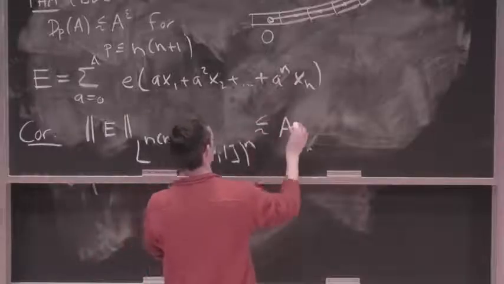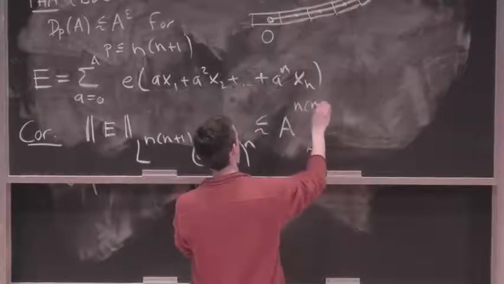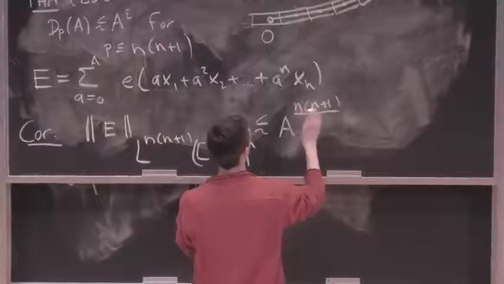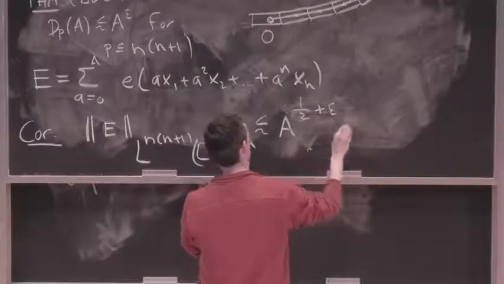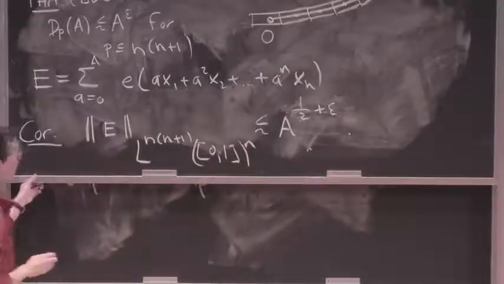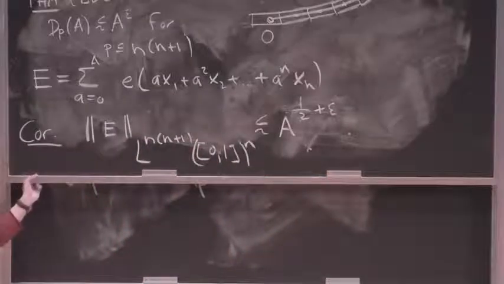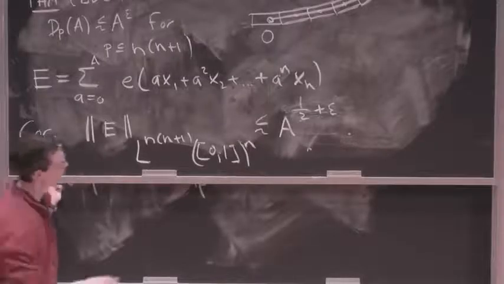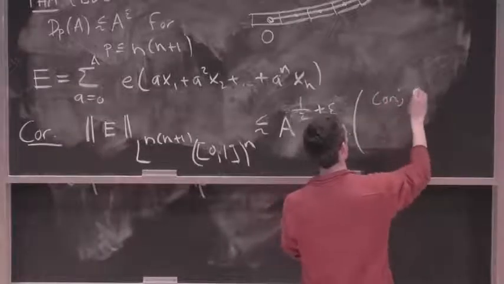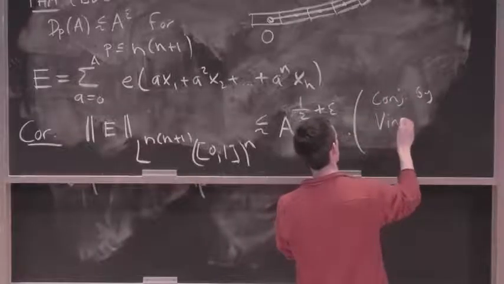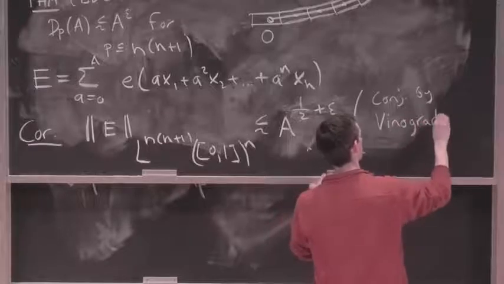This is smaller than A to the 1/2 plus epsilon. OK, and this is sharp up to the epsilon, and it was conjectured by Vinogradov back in the 40s or 50s in connection with number theory.